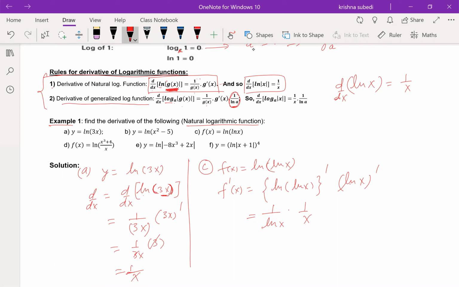So your answer is 1 over x ln x. Any questions, guys, so far?